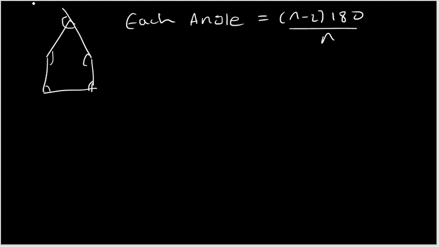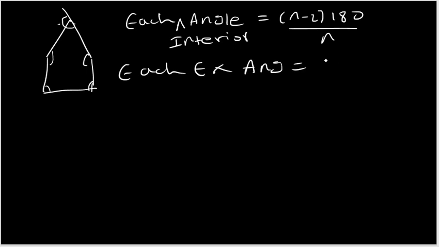An exterior angle is the angle we get when we extend one of the sides. But each exterior angle, again, they are equal, and the formula is 360 over n. Keep this in your mind and see the question.